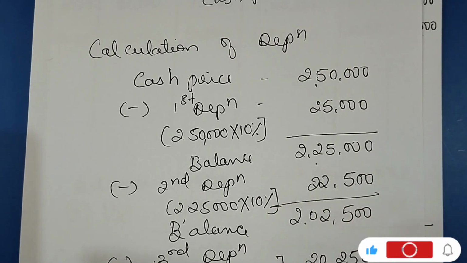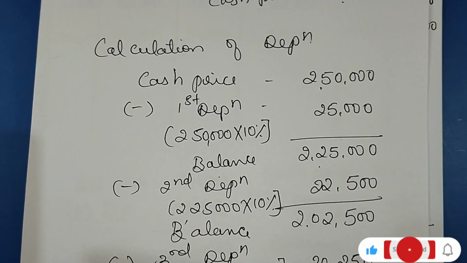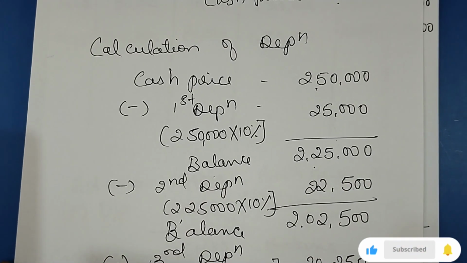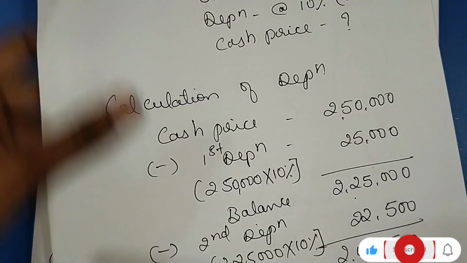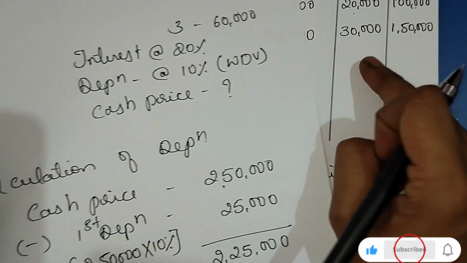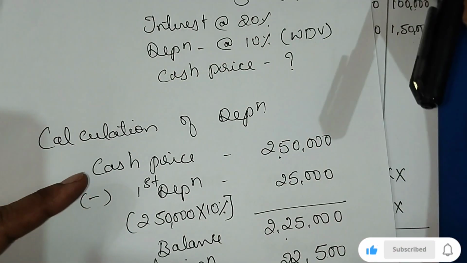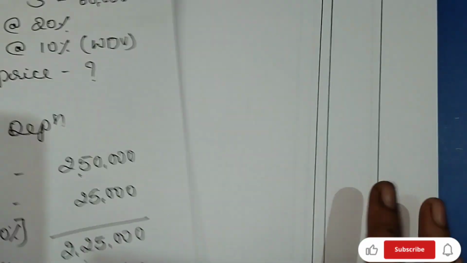Right? Depreciation we have calculated on the balance. That's why it is called written down value or diminishing balance method. Now we found the cash price, the interest amount included in each installment, and the depreciation. Let us pass the journal entries.